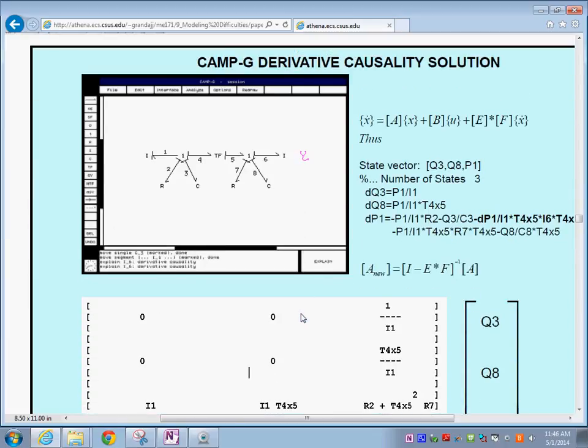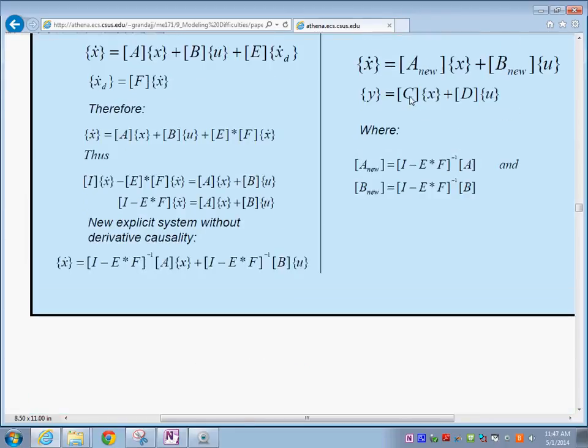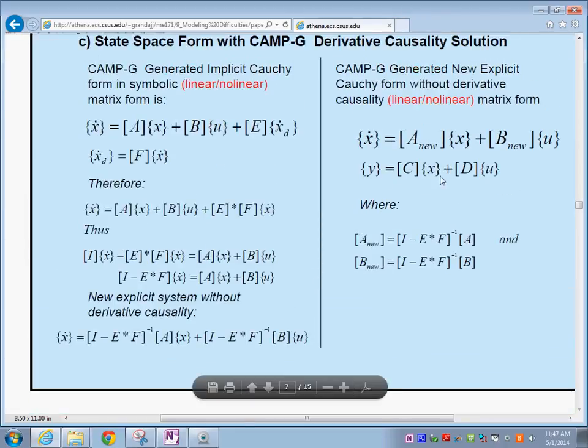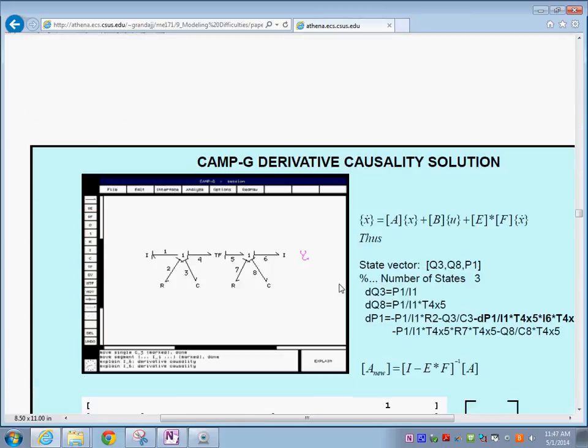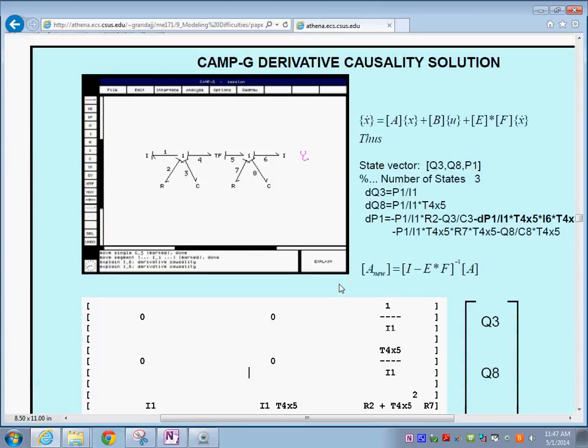See, if you do this, in other words, let me go back for a second. When you have the new A and new B matrix, you have solved the derivative problem, but you have solved it mathematically, not by modifying the system, which maybe is the best approach to do, is to examine if you can modify the system a little bit to include other effects, or maybe you did one too many.